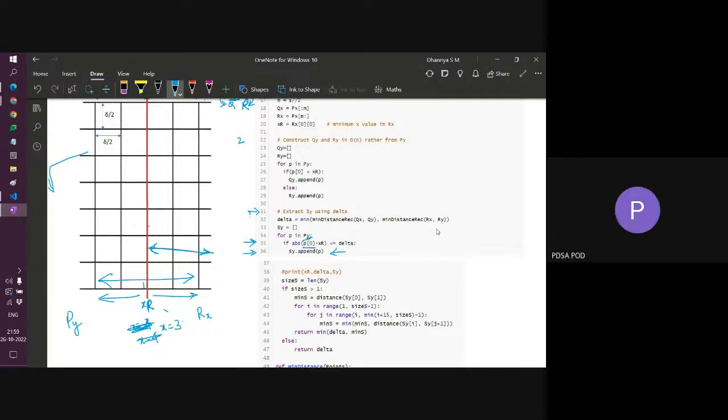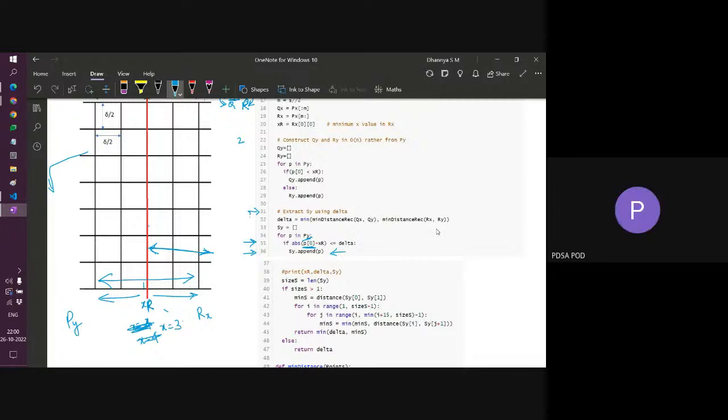And then we are subtracting xR. So this is the x coordinate of the p point, right? And then we are comparing it with delta. If the distance is less than or equal to delta, we are keeping it in Sy. Ma'am, why are we doing it for Py? Why are we not doing it for Qy? That is my first question.